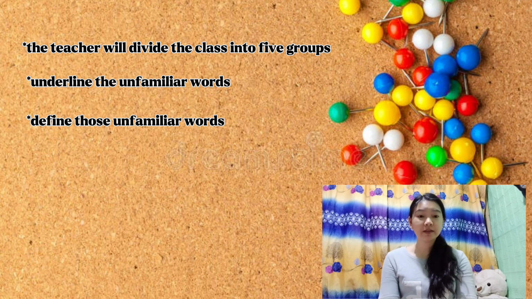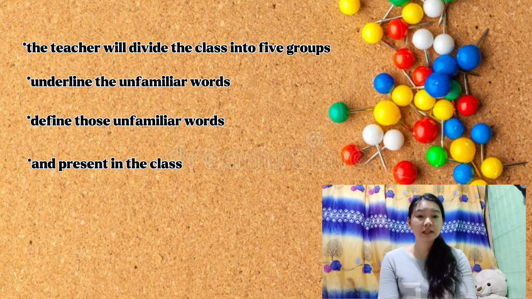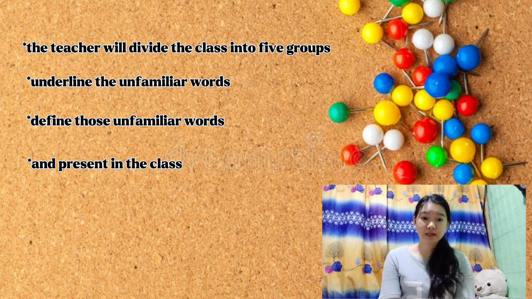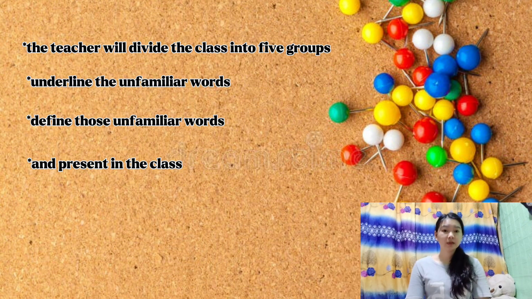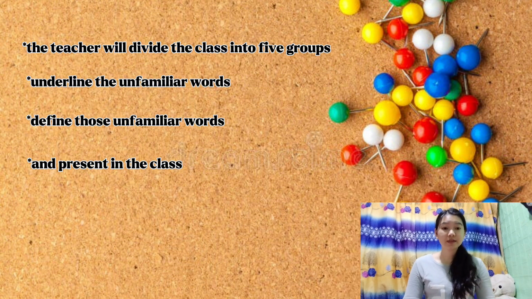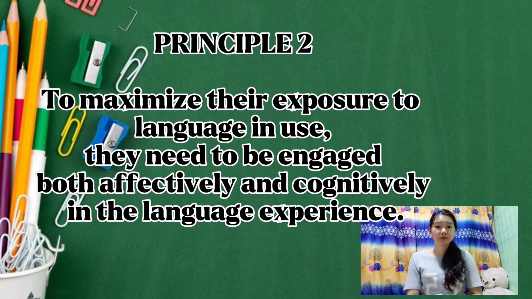After they make their predictions, each group will present their outputs in the class. Through this activity, the teachers could not only expose students to rich, meaningful, and comprehensible input in language use, but also let the students test their knowledge about the story or about the topic.